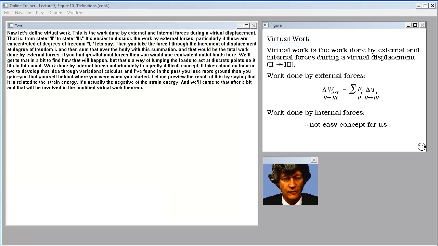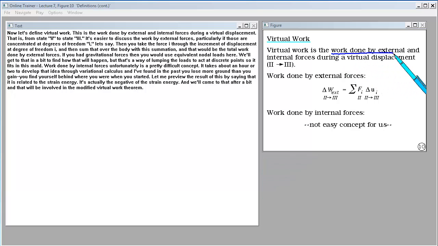Now let's define virtual work. This is the work done by external and internal forces during a virtual displacement, that is, from state 2 to state 3. It's easier to discuss the work by external forces, particularly if those are concentrated at degrees of freedom I, let's say.